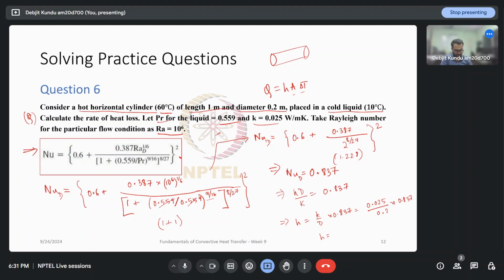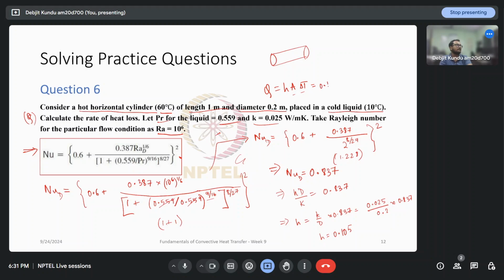So multiply this with 0.025 and divide it with 0.2, I get h equal to 0.105. Okay, so I'll just plug all these values in.